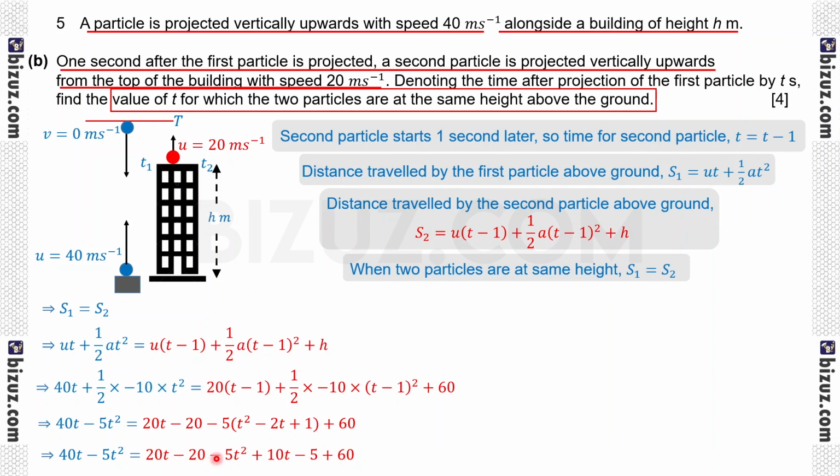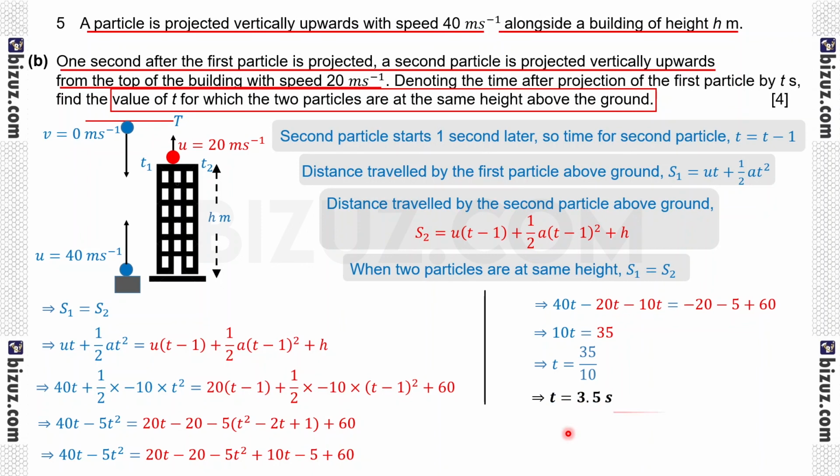So we could cut the minus 5t squares together. Bringing the terms with t to the left hand side, we write 40t minus 20t minus 10t equals minus 20 minus 5 plus 60. So we could write here that 10t equals 35. So t equals 35 by 10, which is 3.5 seconds.